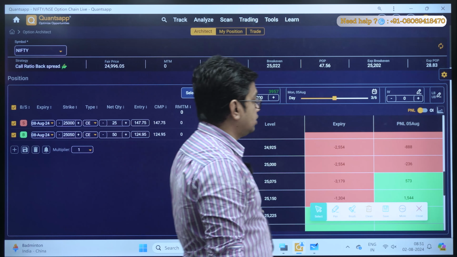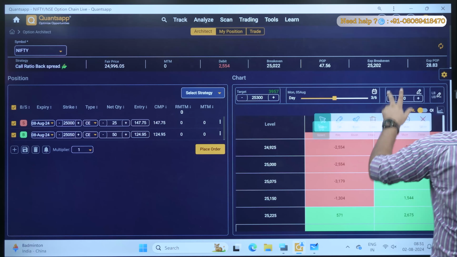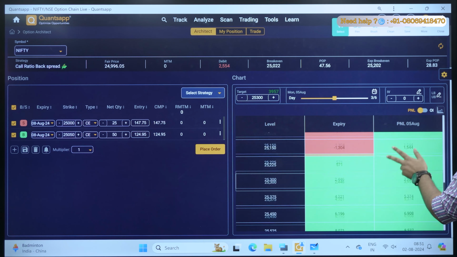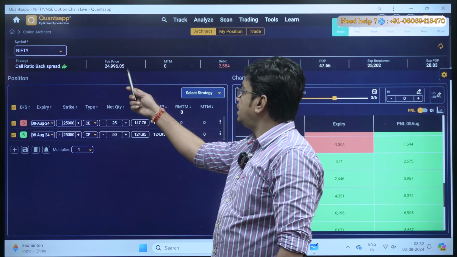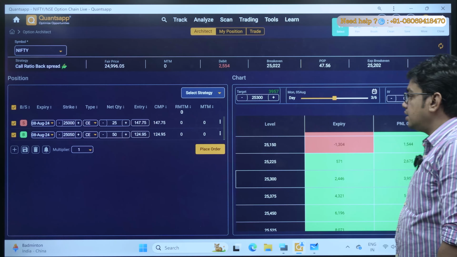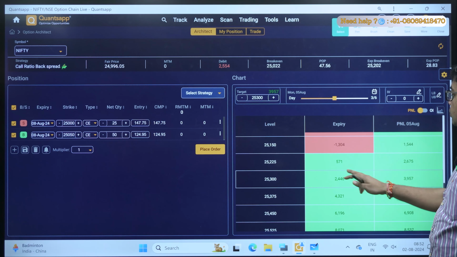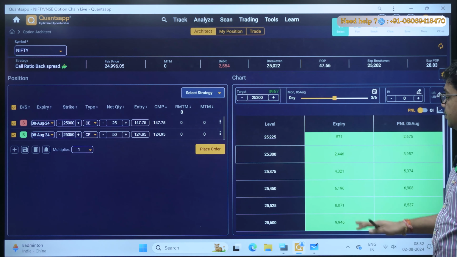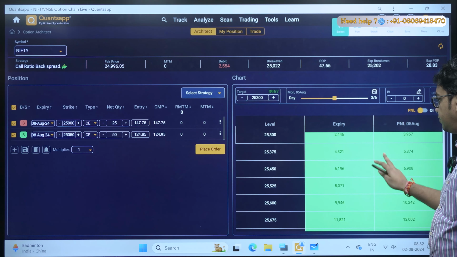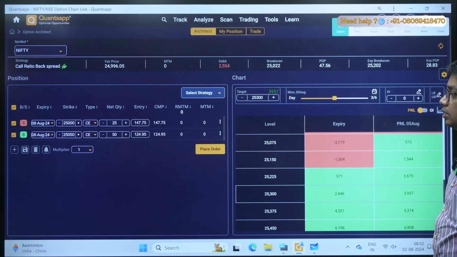So here you can see, let's just say the Nifty is at 25,000. Now if the Nifty is moving to 25,225, 25,300, this is the profit I am getting. At a higher level I am getting the higher profit. But what about losses?